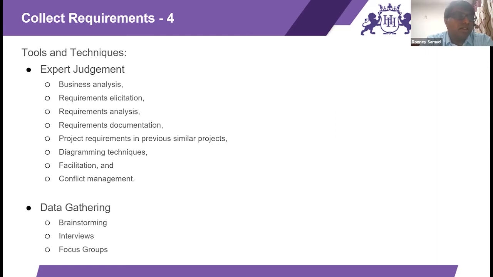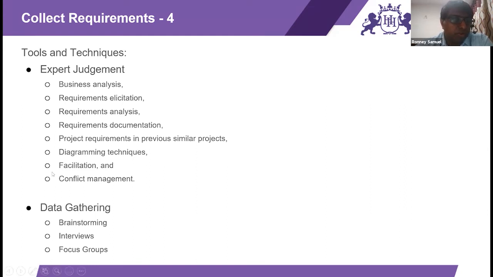Another thing which can be done is that in your organization, over a period of time, you might have lessons learned on how you should write a requirement based on previous pitfalls you might have encountered. These are the people who are experts in all these things. Collecting requirements doesn't just mean that you collect the requirement. You also have to reproduce it so that the team can understand and work on it.